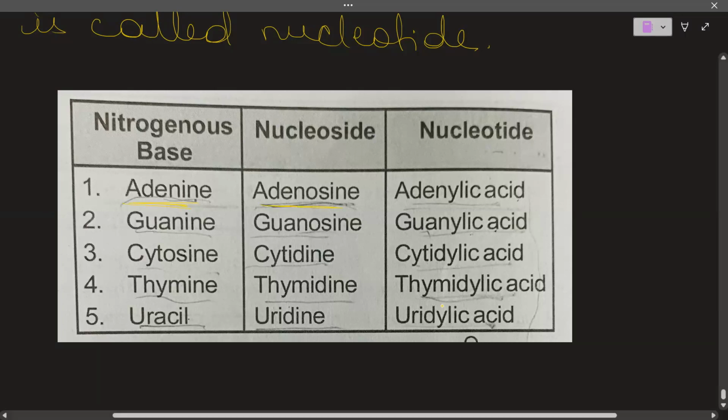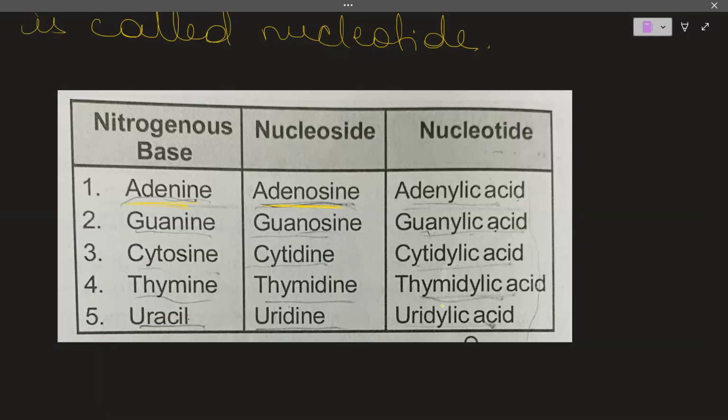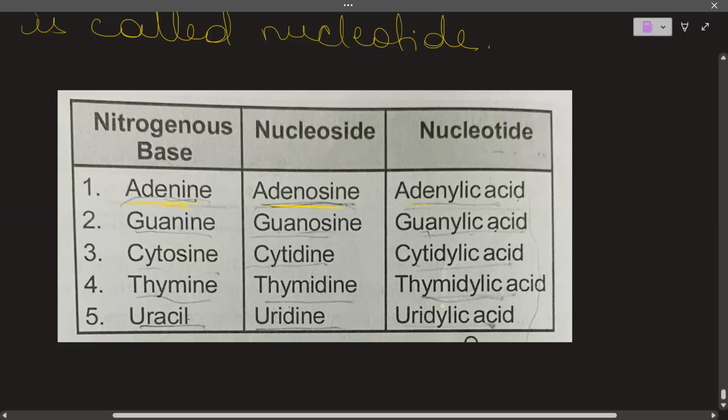If adenosine is there, that means the adenine has combined with just the pentose sugar. But when the adenine combines with the pentose sugar as well as the phosphate group, that makes a nucleotide. So the nucleotide of adenine is known as adenylic acid. You people are getting this?